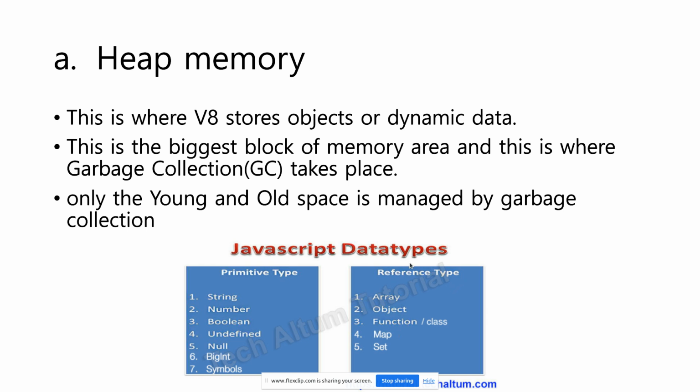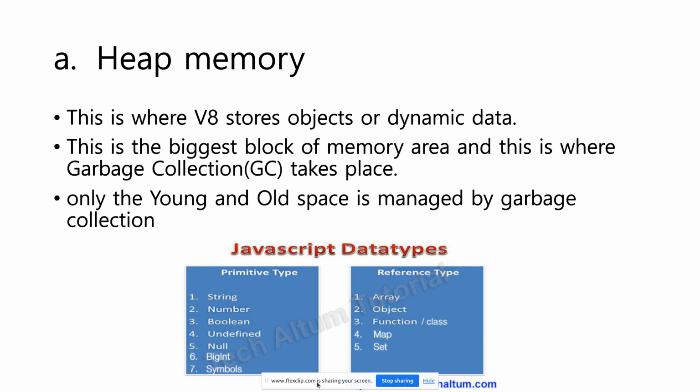I'm sorry, I'm going to repeat. There's no standard vocabulary for reference type, meaning that if you see some blogs, sometimes they won't say reference. They just say object type, but it's kind of the same thing. I'm just letting you know.